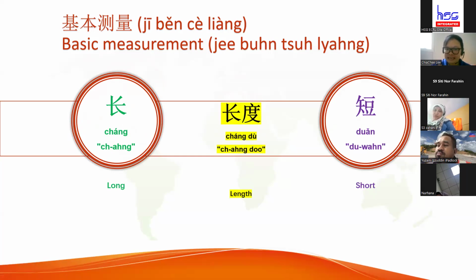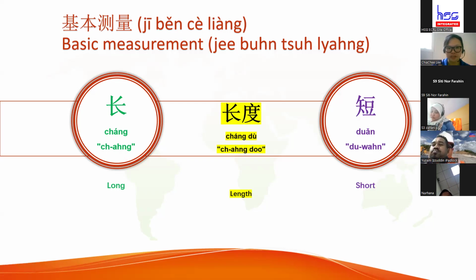So both 长 and 短 are length. Length in Mandarin is called 长度. We have 长, long, and we have 短, short.